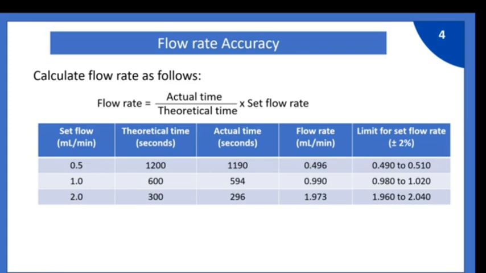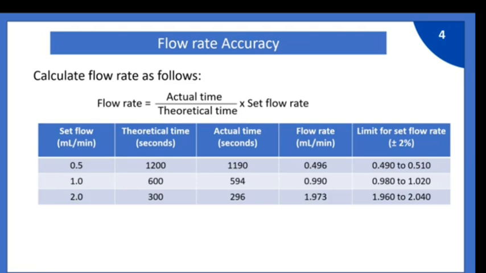You can see in the table, the limit for set flow rate of 0.5 ml is 0.490 to 0.510. So 0.496 is the result we got, so that is in the limit. Similarly, for 1 ml, theoretical time is 600 seconds. Actual time we got is 594.